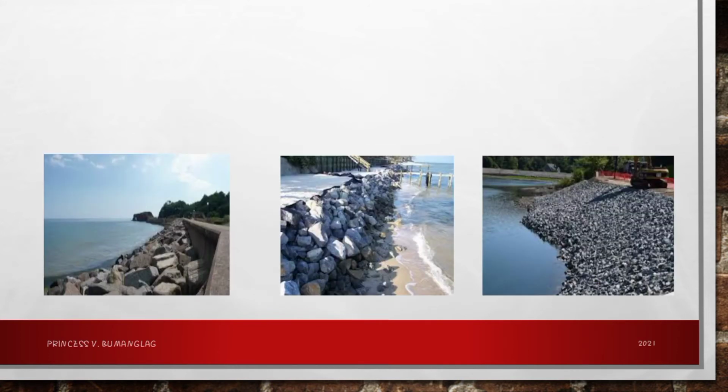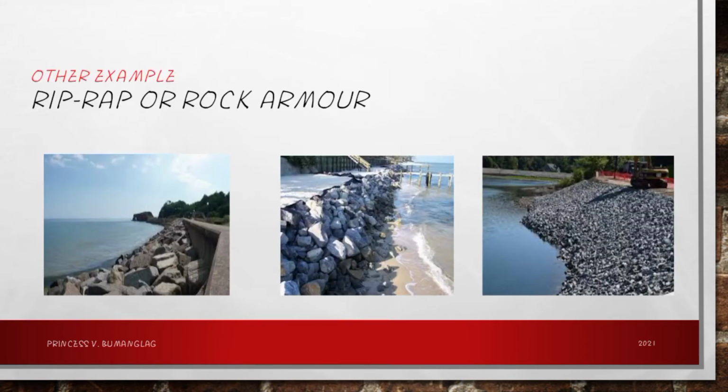Next example is riprap or rock armor. So, rock armor, also known as riprap. As you can see, more on bato naman siya. Tinatambakan ng bato yung beach para maiwasan yung lakas ng tubig palabas, okay?